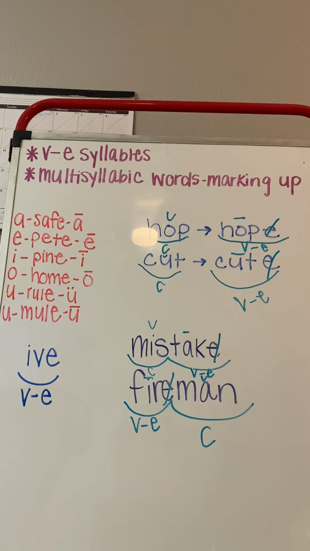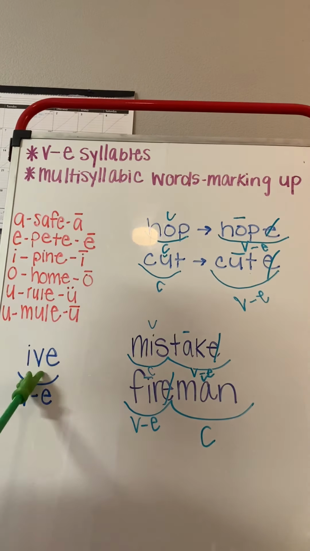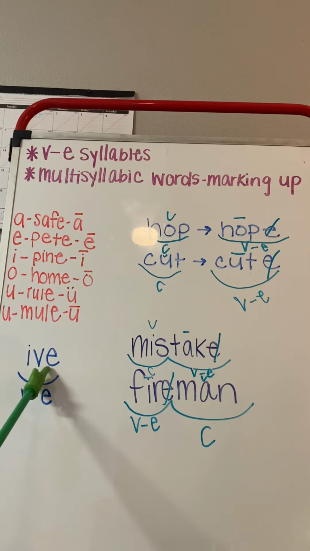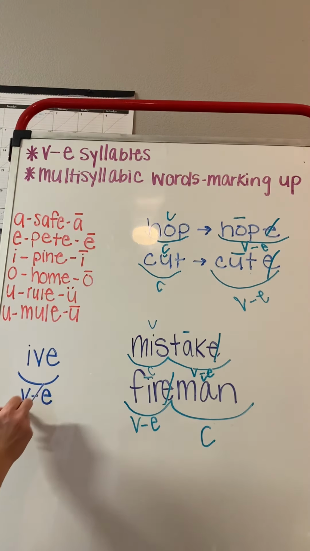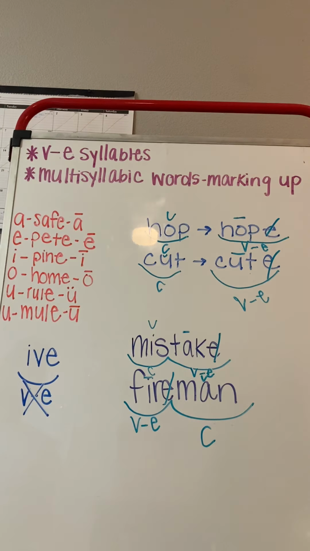Okay, and then one other side note to this was that we do have a vowel consonant E exception. Okay, remember, exception just means that it doesn't follow that rule. Okay, so whenever you see a vowel consonant E that is IVE, know that this is an exception, right? It means it doesn't follow that rule, okay?